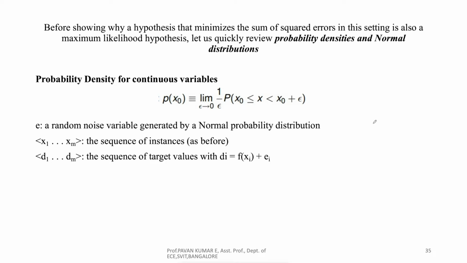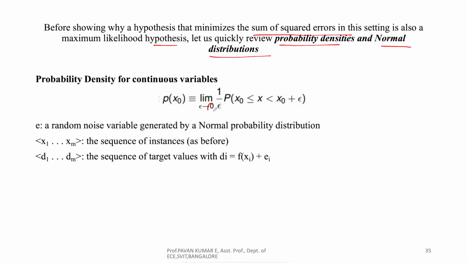To find out these things, that is called maximizing the squared error in the setting of your hypothesis, we go for the probability density function and also the normal distribution. The probability density function is given as the limit as epsilon goes to 0 of 1 over epsilon times P of x naught.